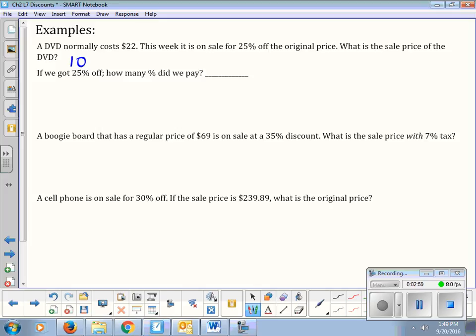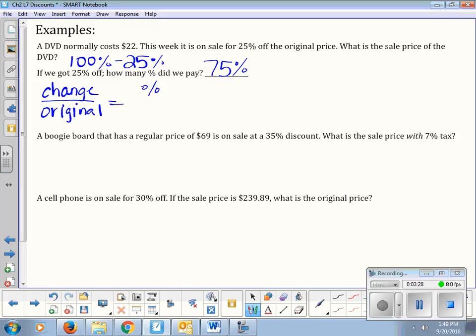If we start with 100%, what's 100% minus 25? 75%. So we know that we're paying for 75% of it. When we do our percent of change, remember we want the change over the original, and we set that equal to our percent over 100.